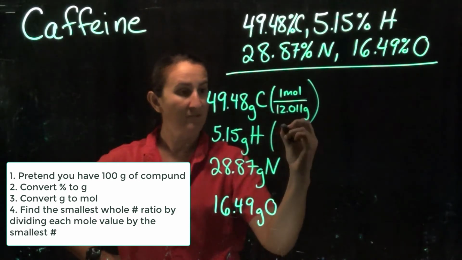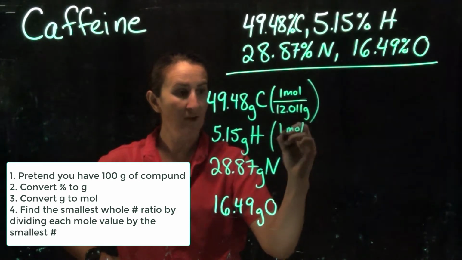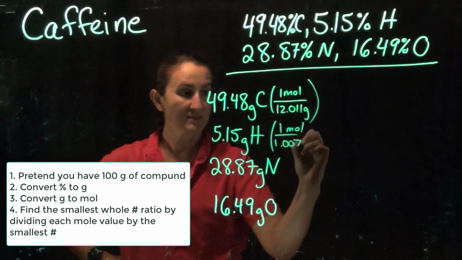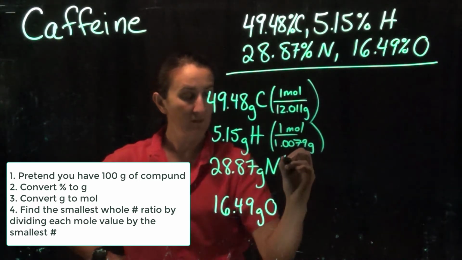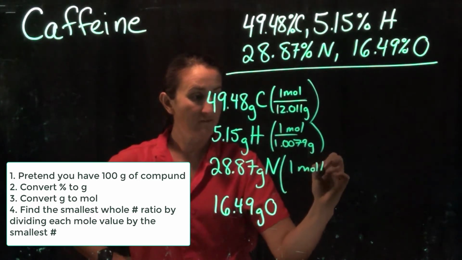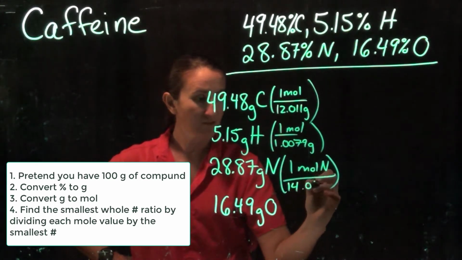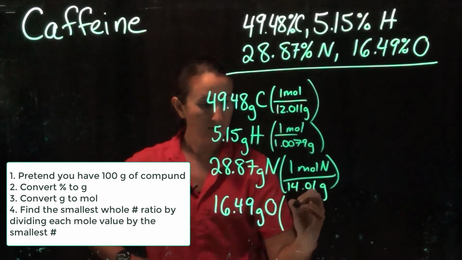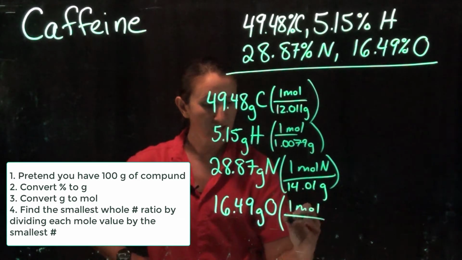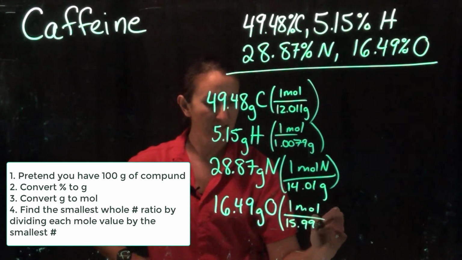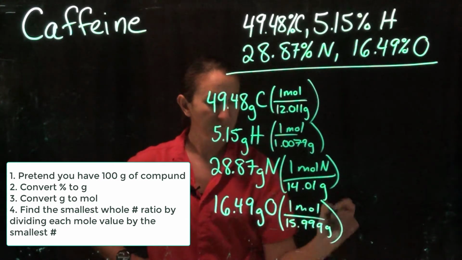For 5.15 grams of hydrogen and 1 mole of hydrogen, I have 1.0079 grams. And 1 mole of nitrogen, I have 14.01 grams. And in 1 mole of oxygen, I have 15.999 grams.